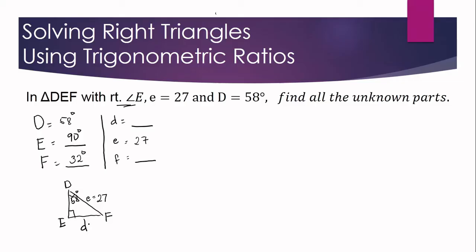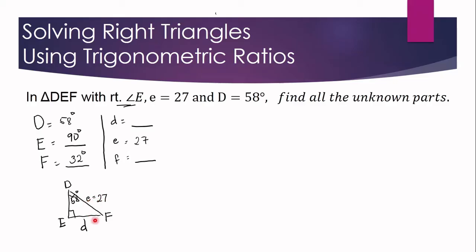So you have to look carefully at our figure. Our angle is 58, that is angle D. The unknown is side D. This one, this is the opposite side of our acute angle. And then another given is side E, which is opposite the right angle. So side E is our hypotenuse.